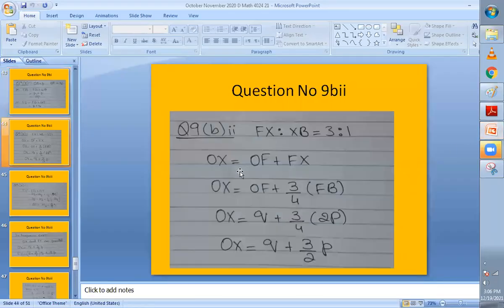So their question is FX ratio XB is equal to 3 ratio 1. So they want you to find out OX. OX will be OF plus FX.